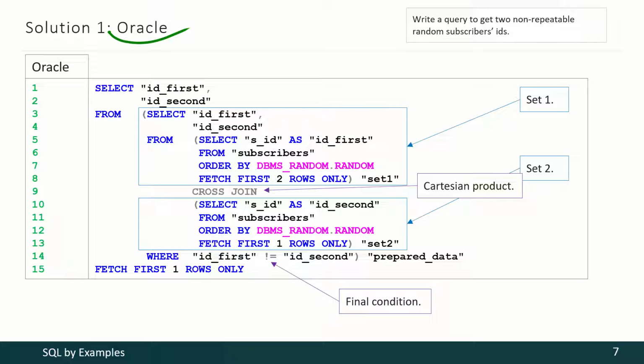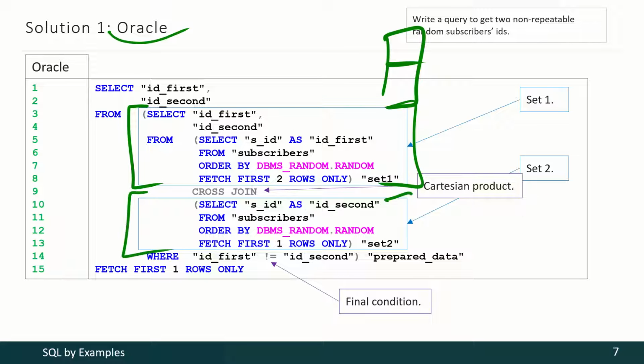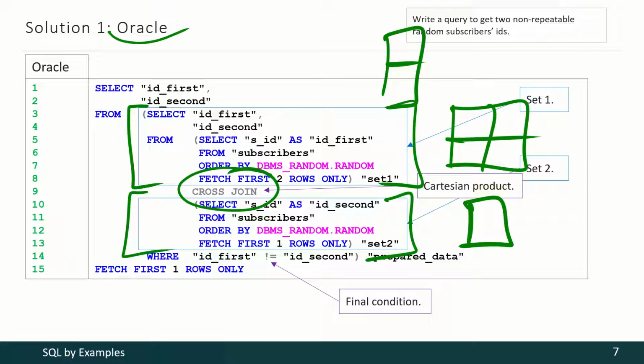And for Oracle the idea is the same. This subquery produces the set of two values, this subquery produces the set of one value, this cross-join operator produces the Cartesian product, and then we only have to select one single row with the first and the second values not equal to each other.